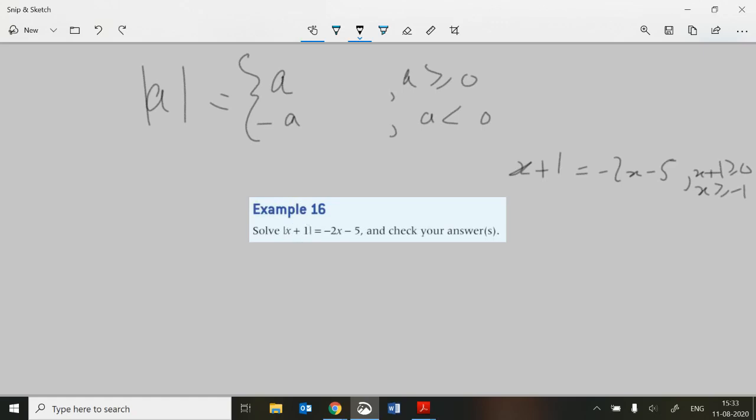The other version which we can solve is the minus of this. So we've got minus (x plus 1) is equal to minus 2x minus 5, and that's when x plus 1 is less than 0, because we've defined the full domain there.